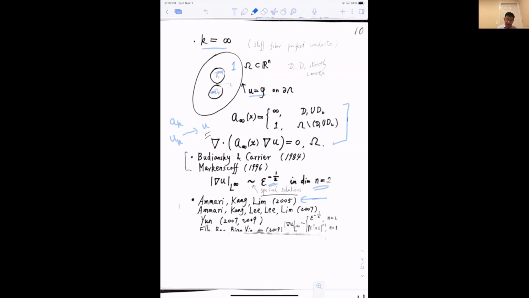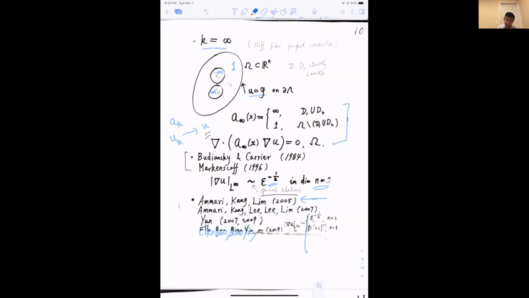And then there are works by Ammari, Kang, Lee, and Lim, and Yun, 2007 and 2009. And there's Eunjoo Bao and Biao Yin, and myself in 2009. And then the result is, when n equal to 2, one can prove in this local situation, it is always less or equal than this.